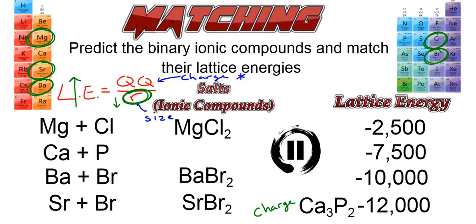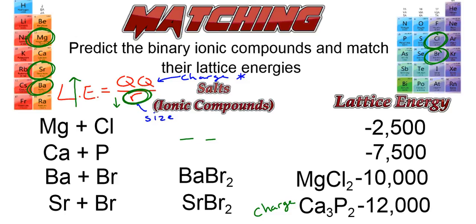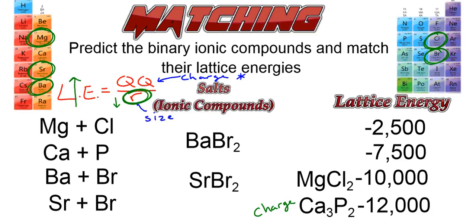By taking a look at the sections of the periodic table, it is quickly determined that my Mg and my Cl are the smallest. It's the smallest cation for the Mg, and the Cl is the smallest anion. So this has to be the strongest because it is the smallest. So then it comes down to BaBr2 and SrBr2.